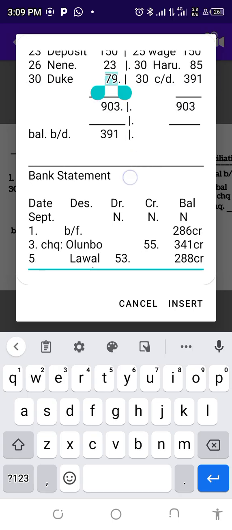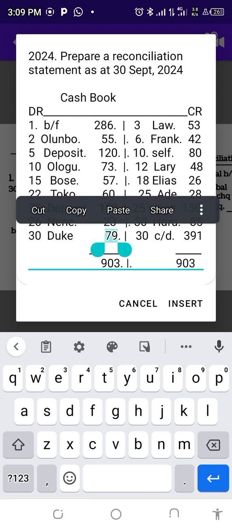Now we are going to trace the credit side of the cash book against the debit side of what? The bank statement.